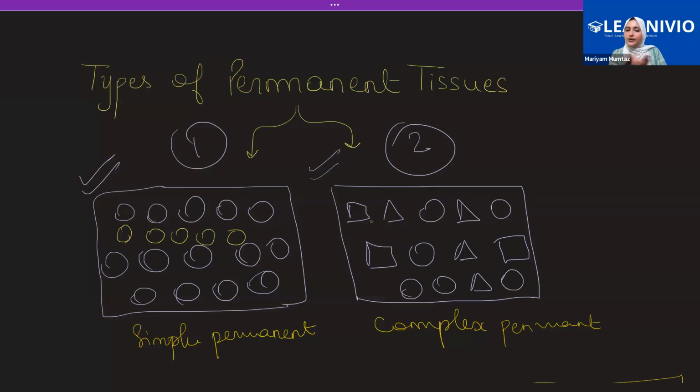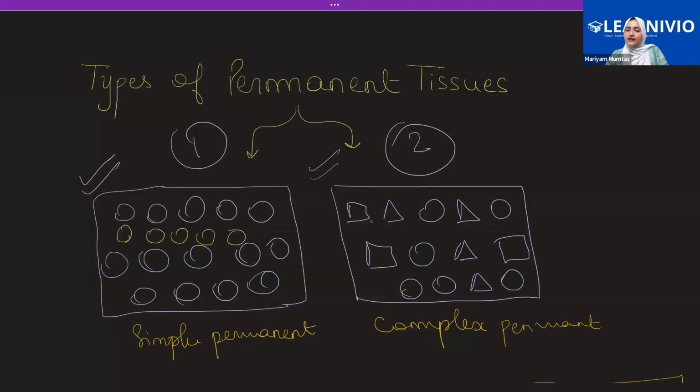Tell me, how would you explain the difference? Ma'am, the gaps between the particles. So, what do you see in situation number 1? In situation 1 only one kind of particle is present, but in situation 2, there are many other types.